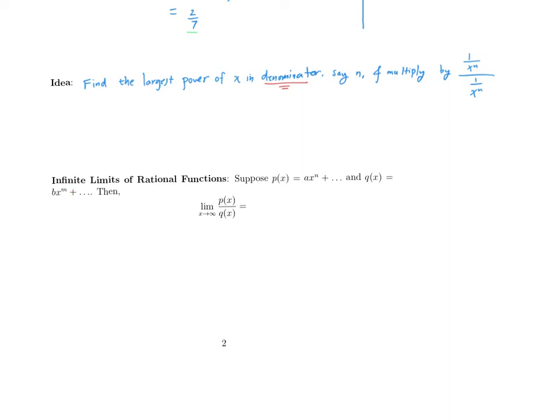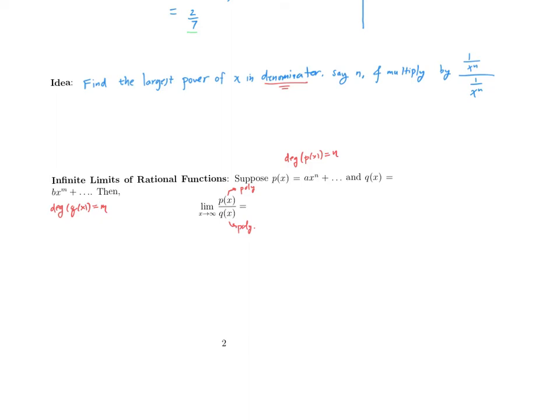So a few key facts. It has to be in this form, a polynomial over a polynomial. We would say that the degree of the polynomial p of x is n, a positive whole number, and the degree of this polynomial q of x is m, another positive whole number.